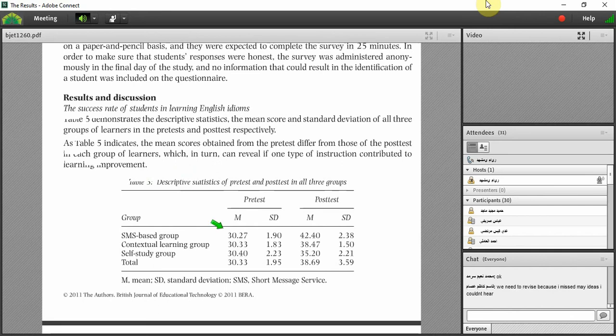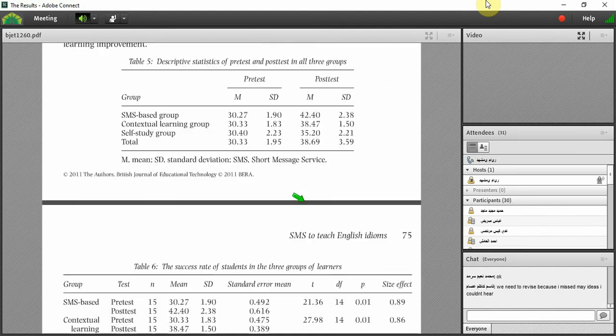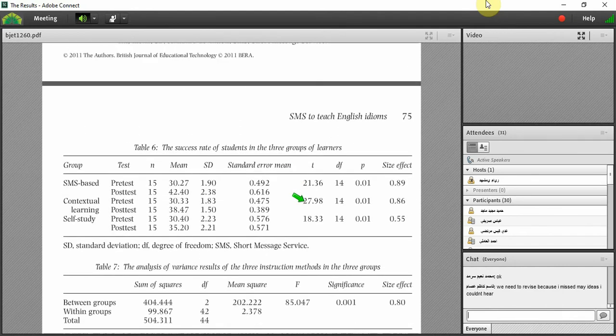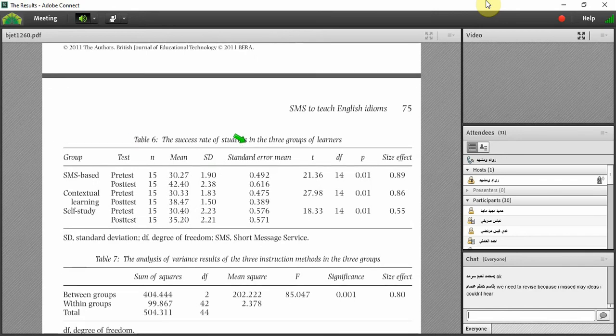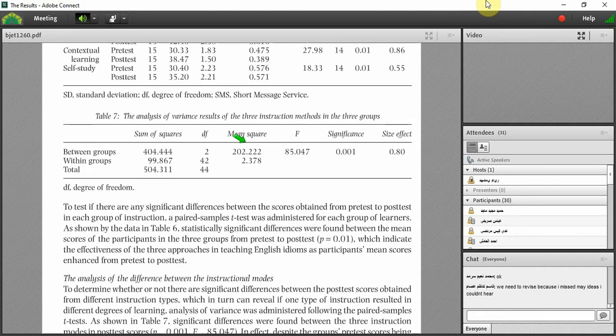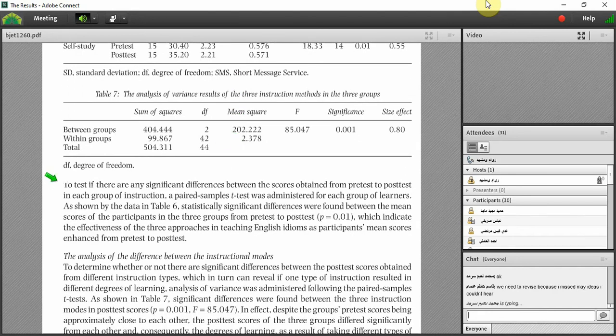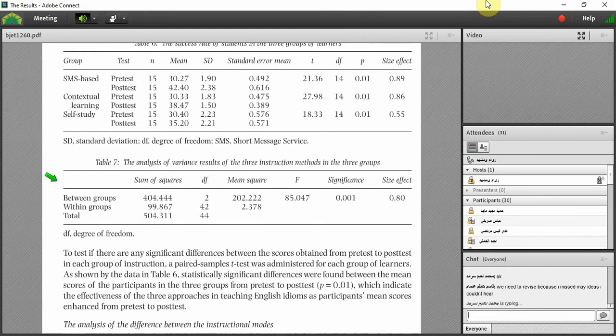You report the data. These are all the data: mean and standard deviation of different tests. And then another table. You have the caption, then all the numbers here. It is difficult to understand, so you need to explain a little bit about all these numbers.